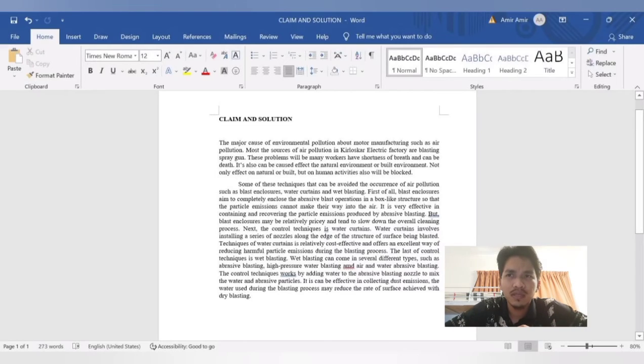These problems mean many workers have shortness of breath and can even die. It can also affect the natural environment and the good environment. Not only is there an effect on nature, but human activities will also be blocked.